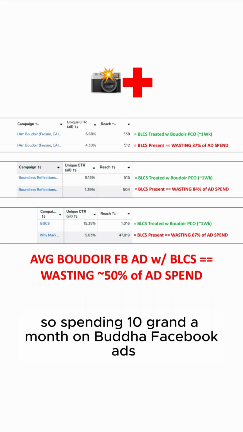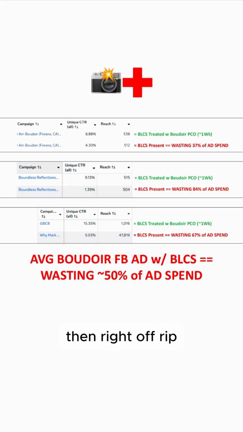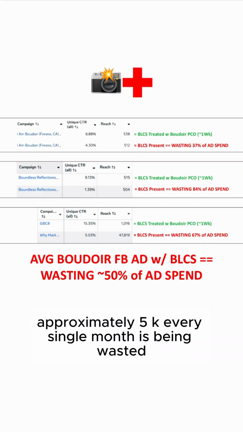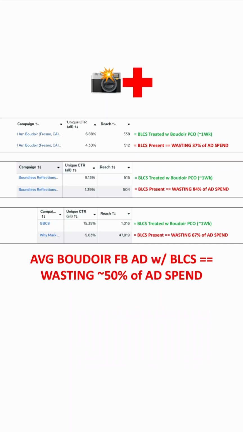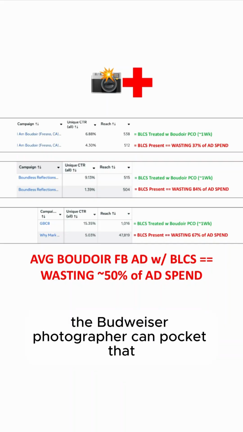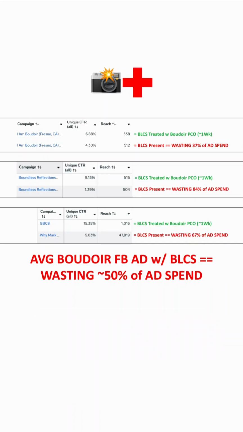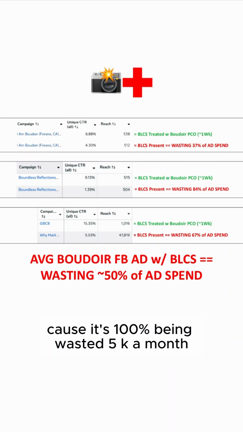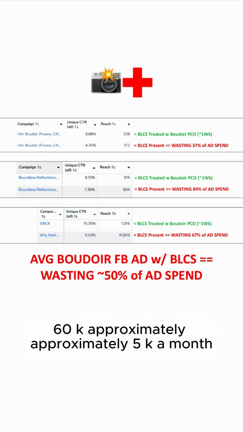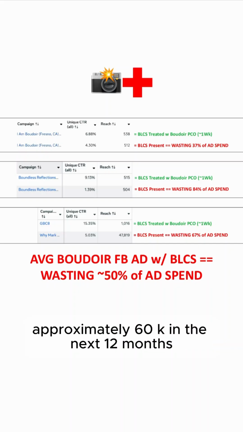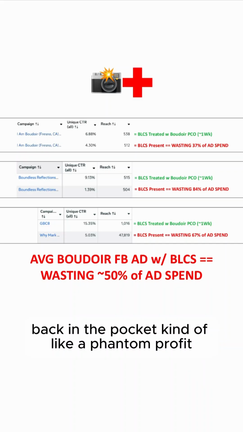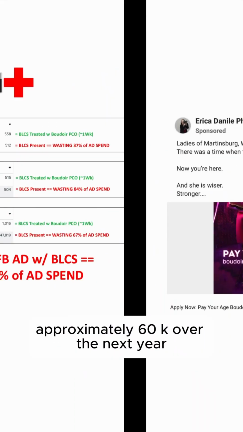So spending 10 grand a month on Boudoir Facebook ads, right off the rip, approximately 5K every single month is being wasted. And as a result, we can eliminate that. The Boudoir photographer can pocket that instead of sending it to the Zuckinator and getting zero out of it because it's 100% being wasted. 5K a month, approximately 60K in the next 12 months, back in the pocket, kind of like a phantom profit, Boudoir Pico profit year.